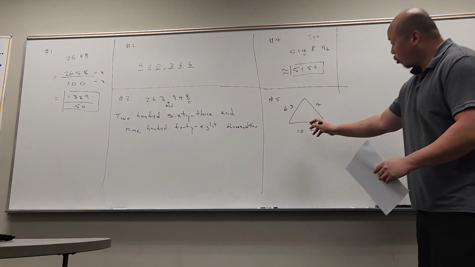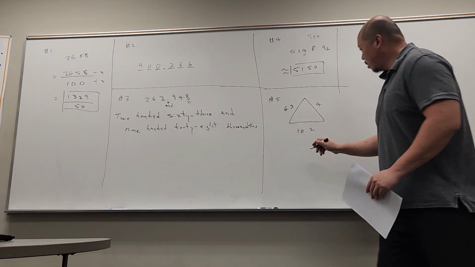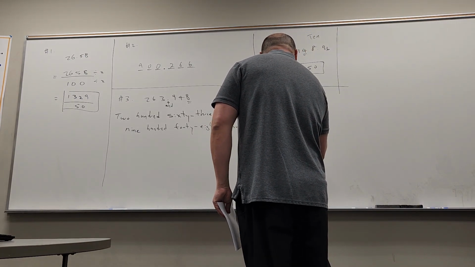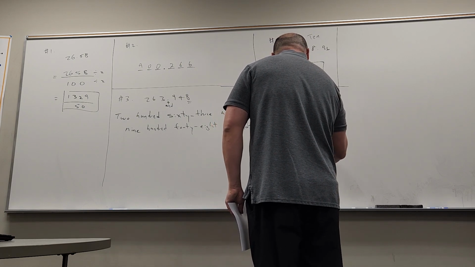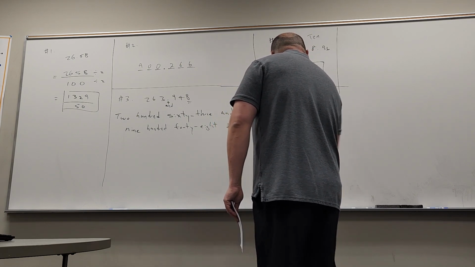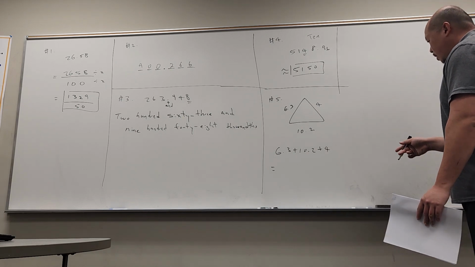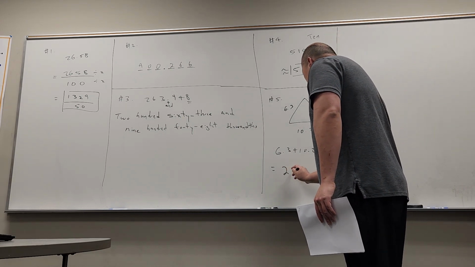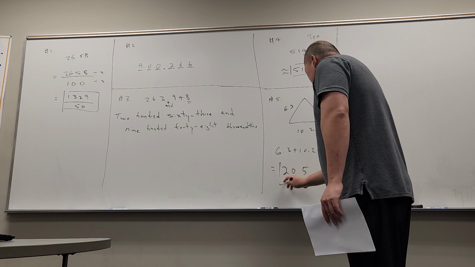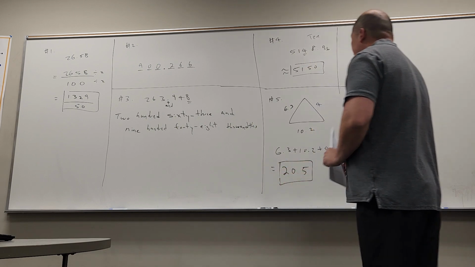So just gotta add all 3 together. And you should get, what do you get? That's 10.3. That's 20.5. And that's it. That's number 5.